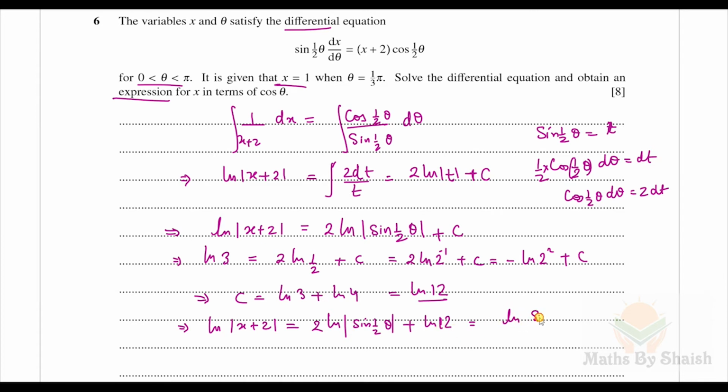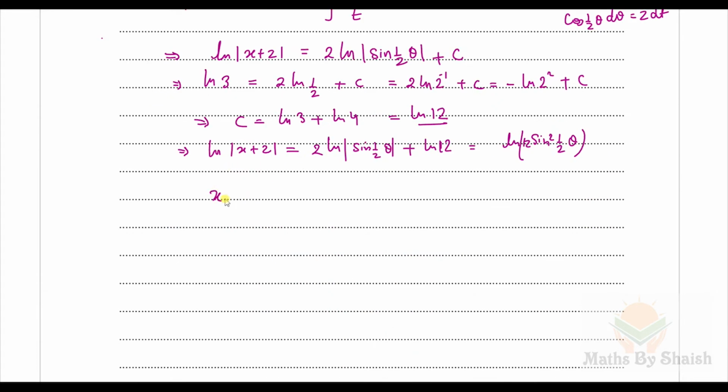Now we can write it as a single log function. It would be ln sin square half theta, because it is 2 here, so it would be square, and there is no need of modulus, and there is a plus, so we'll multiply by 12 also. So we'll remove log and we will get x plus 2 is equal to 12 sin square half theta, and we need to get it in the cos form. We know that cos theta is equal to 1 minus 2 sin square half theta.